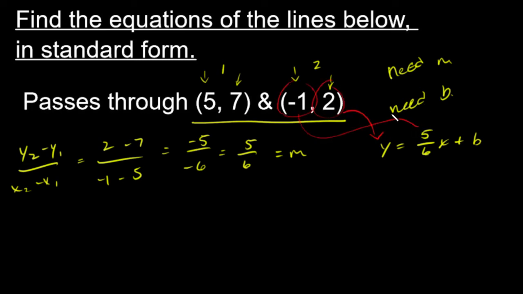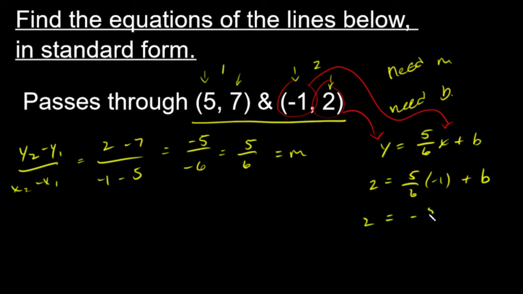Okay, and so you're going to get 2 is equal to 5/6 times negative 1 plus b, and then solve that for b. You get 2 is equal to negative 5/6 plus b, because the negative 1 times the 5/6 gives you negative 5/6, and then you want to add the 5/6 to both sides to cancel.